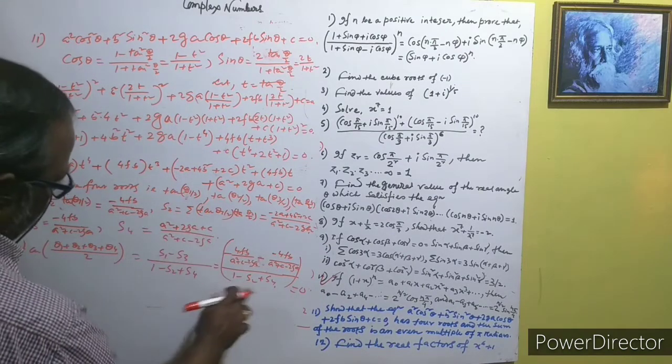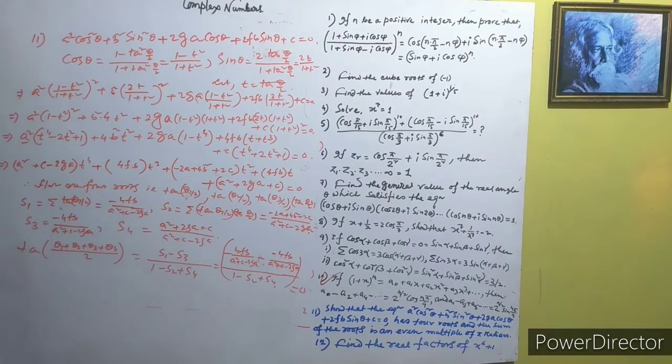If you solve this equation, it is 0 by something not equal to 0, so this is equal to 0.